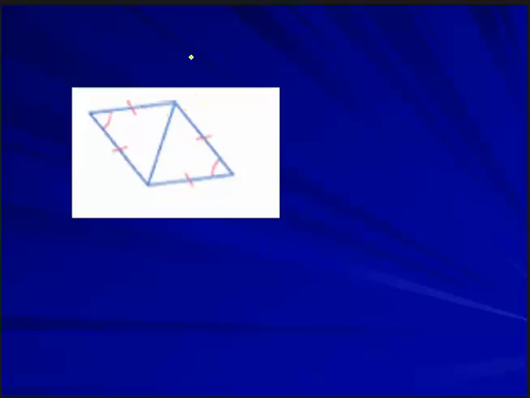I have a side, I have another side, and I have an angle. So I have three parts, a side, a side, and an angle. Now, where is that angle? Is it between the two sides? It is. So we need to put those letters in the same order as they appear in the triangle. Is that one of our four theorems?